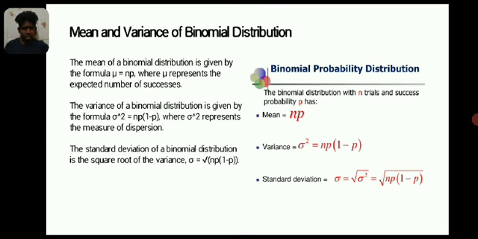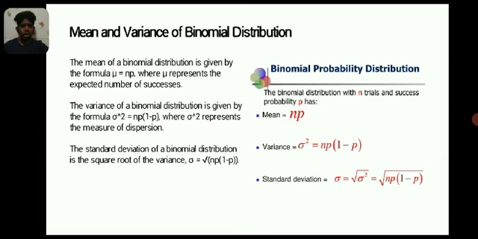The variance of a binomial distribution is given by the formula sigma square is equal to np into 1 minus p, where sigma square represents the measure of dispersion. The standard deviation of a binomial distribution is the square root of the variance, that is sigma is equal to root of np into 1 minus p.